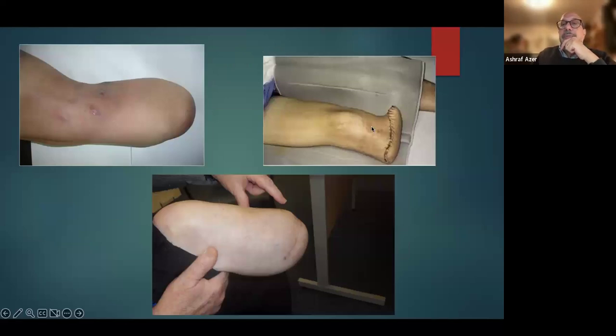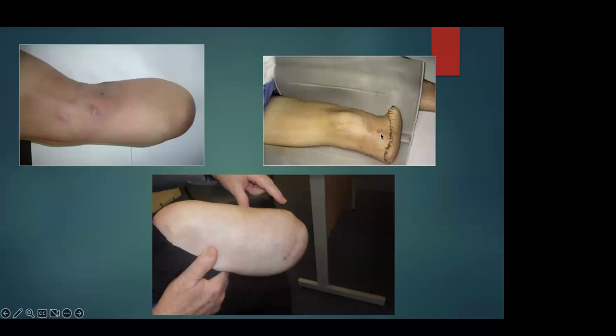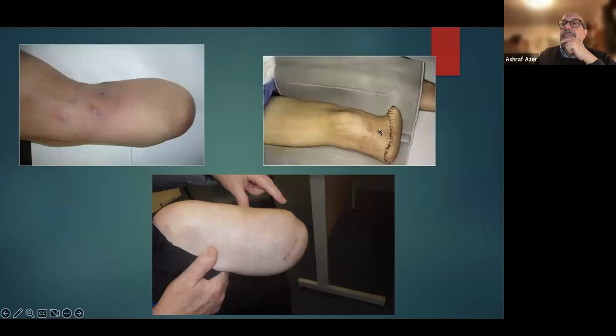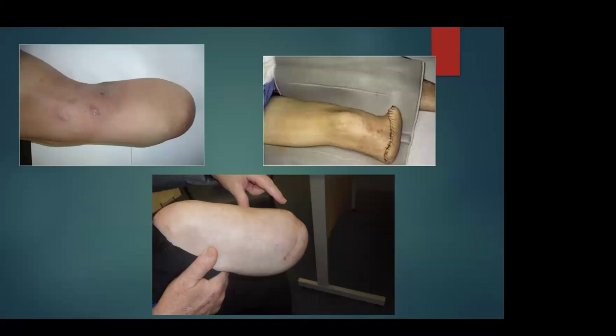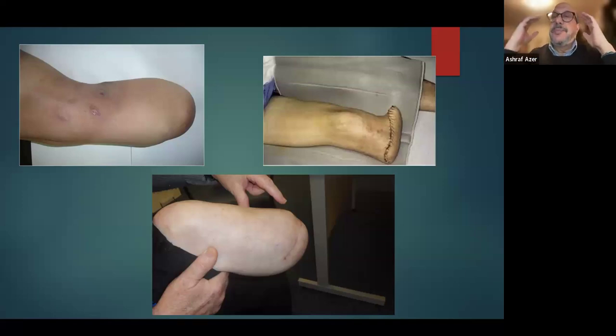Now, what is the problem we see here? Dog ear. That's a very good observation. But what else? Why did you have a dog ear? Because the length of the posterior flap is more than double of the anterior. How do you measure the long posterior flap, Dr. Ahmed?